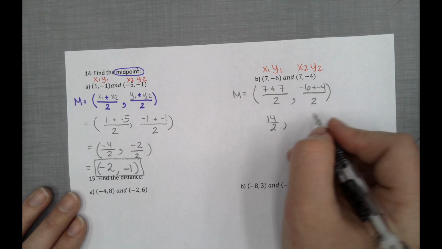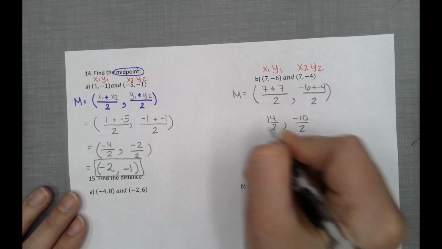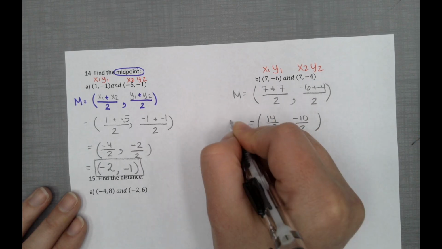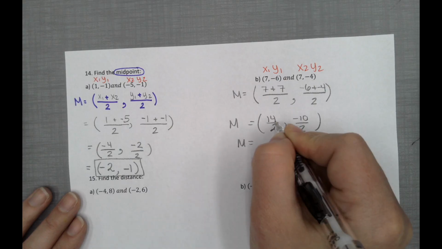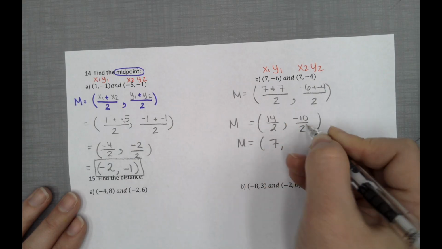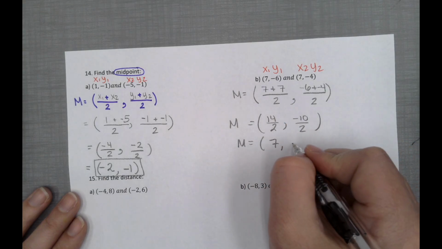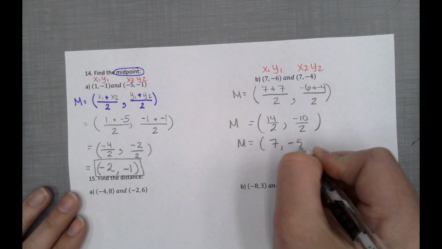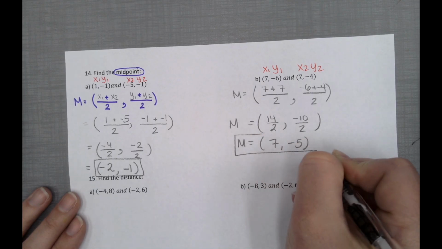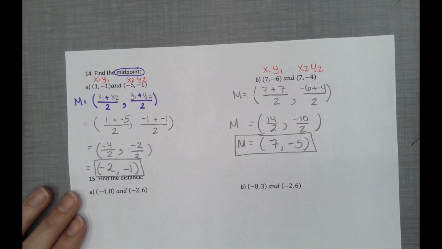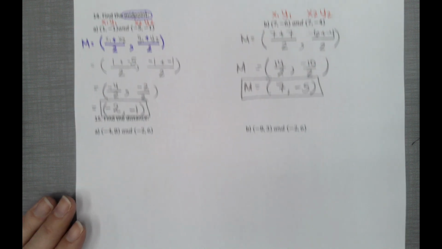Negative 6 and negative 4 is a negative 10. Make sure you have your parentheses with every step. 14 divided by 2, that's 7. And negative 10 divided by 2, same or different, different, we have negative 5. Okay, moving on to the next one.